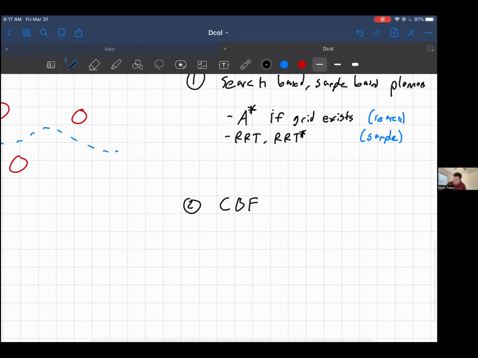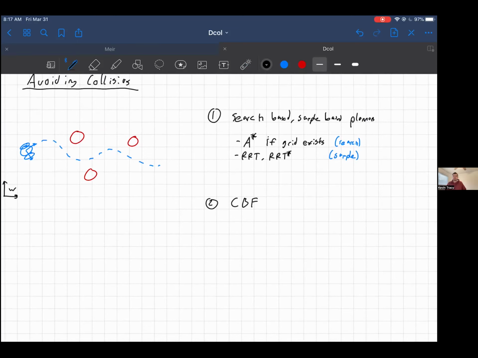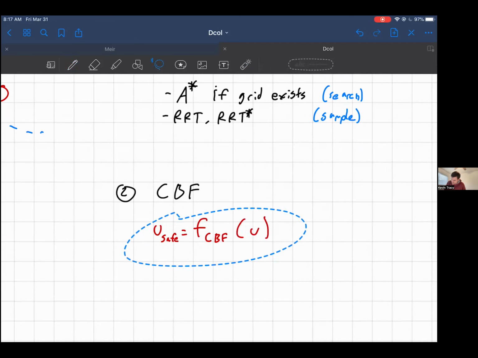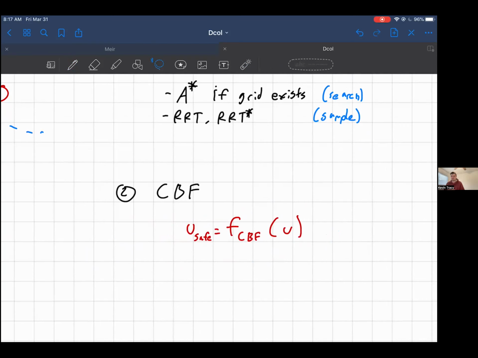So the way a control barrier function works is that it's a control modifier. I'll write it like this. Not the control barrier function itself, but the resulting control policy looks like this.